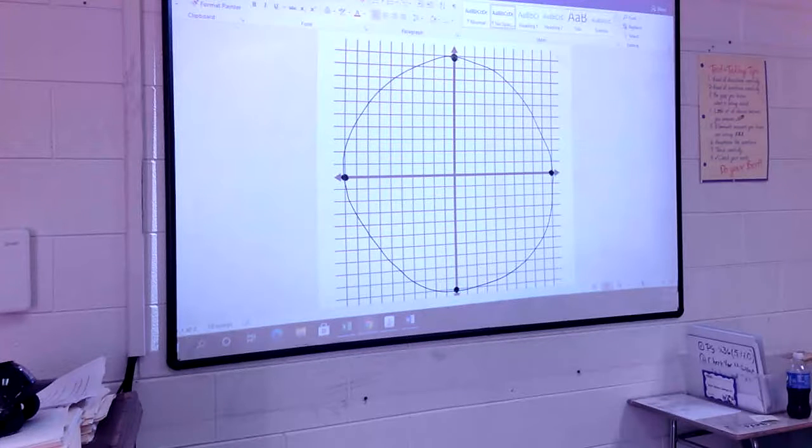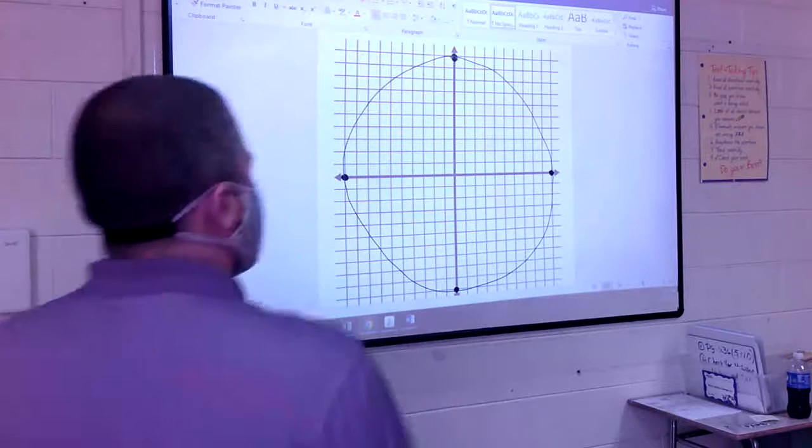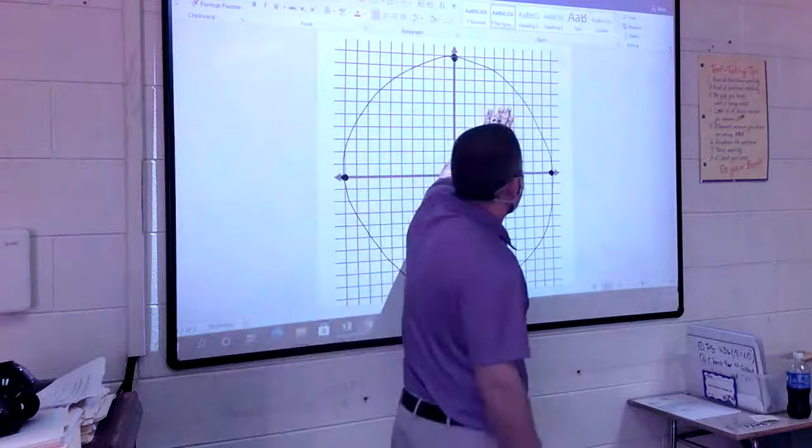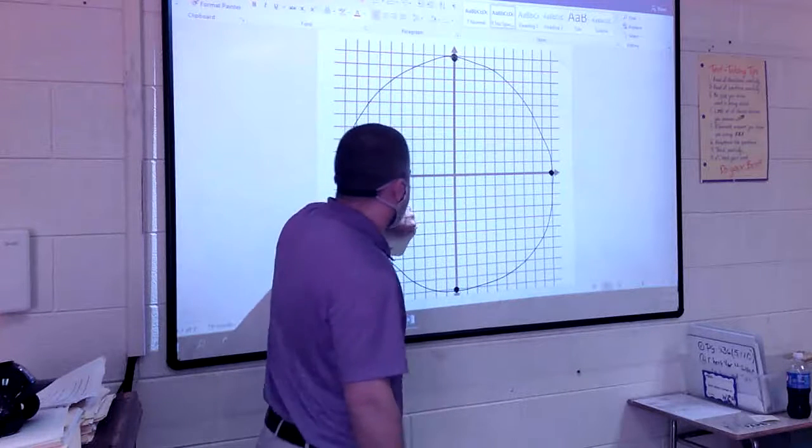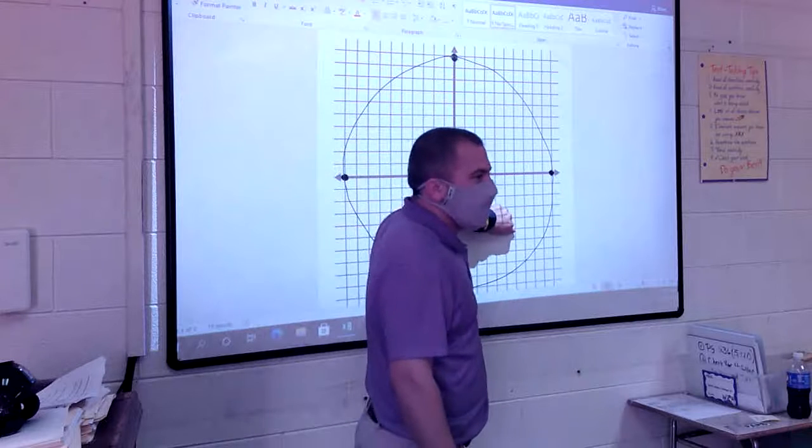Now the first thing that we are going to do is draw some lines in each of the 4 quadrants. If you remember, there's 4 quadrants in a graph: quadrant 1, quadrant 2, quadrant 3, and quadrant 4.